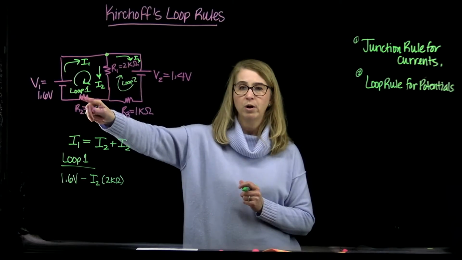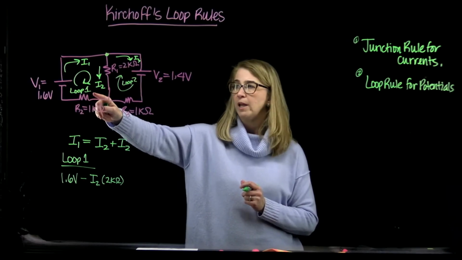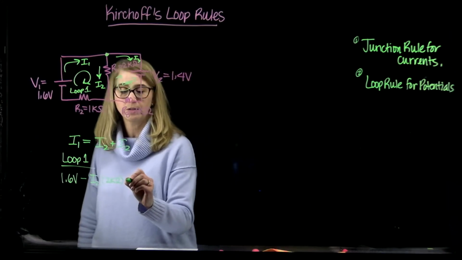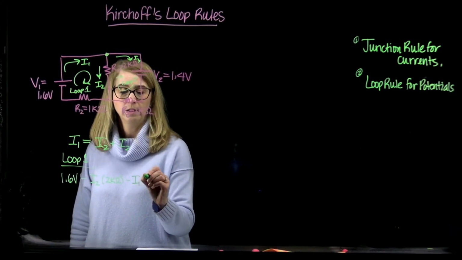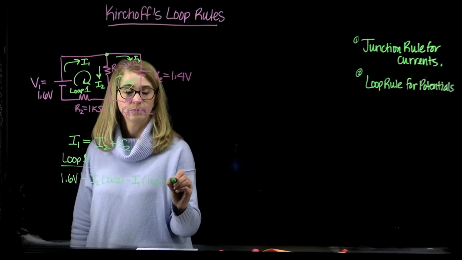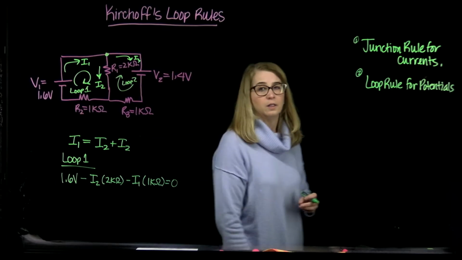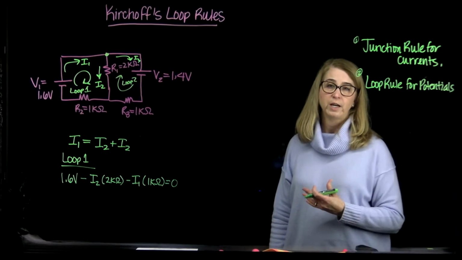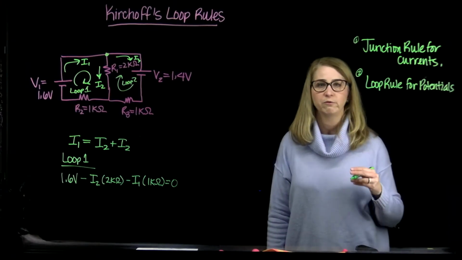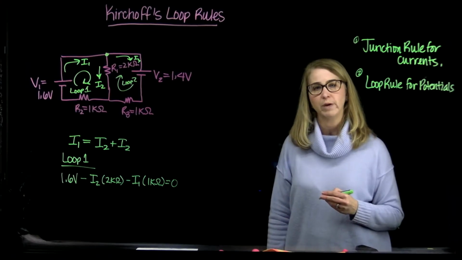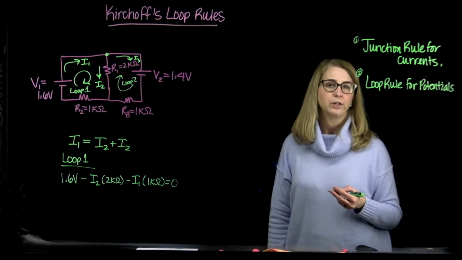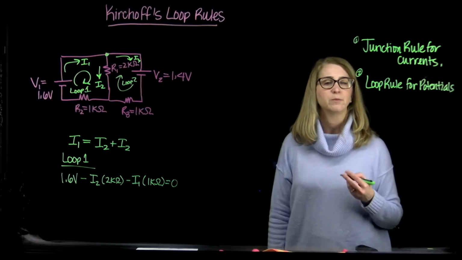Now, in that part, that's current 1, and it will be in the direction of current 1, so that's another potential loss. It's going to be equal to I1 times resistor 1, which is 1 kiloohm. And so that's the equation I get going through loop 1. The rules that I used here were going from negative to positive terminal of the battery is a potential gain, and going through a resistor in the direction of the current is a potential loss.